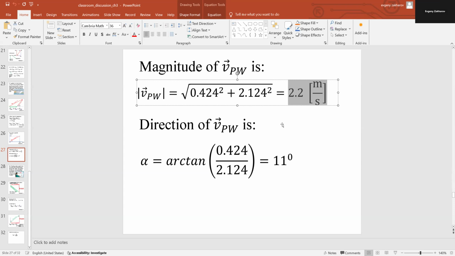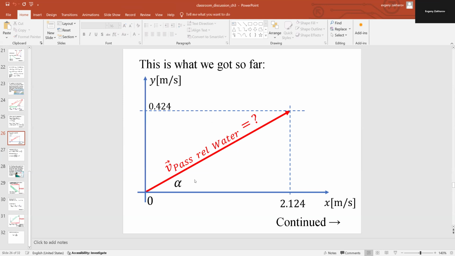And don't forget that vectors have two things, magnitude and direction. You just figured out the magnitude. It's only worth half credit because you haven't specified direction yet. And in order to get the direction, you need to show the sketch and you have to choose a reference angle. This time, I want to choose the angle with respect to horizontal axis as my reference angle alpha.